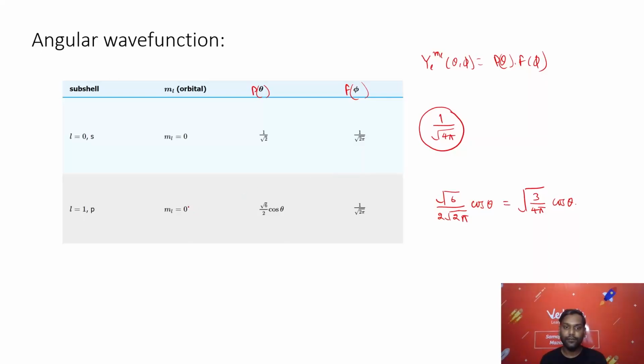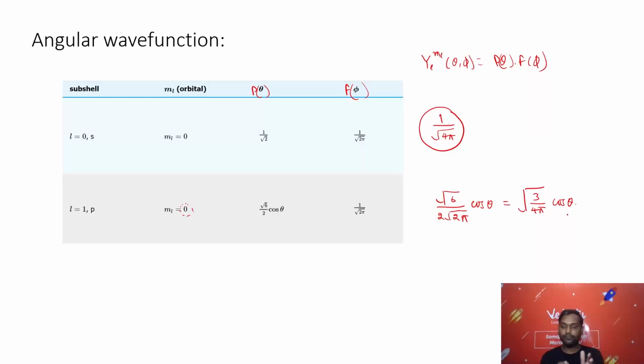For ml equal to 0, the angular part of the wave function is independent of phi, and this is going to be common in all of the subshells. In the d subshell we know one of the ml values would be 0, and for that the angular wave function would be only depending on theta. For the f subshell also one of the ml would be 0, and there also it will be only depending on theta.